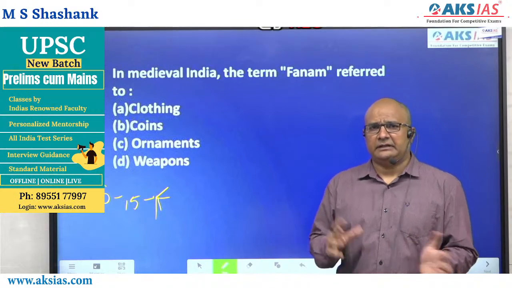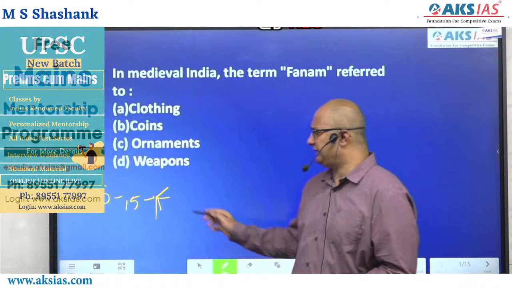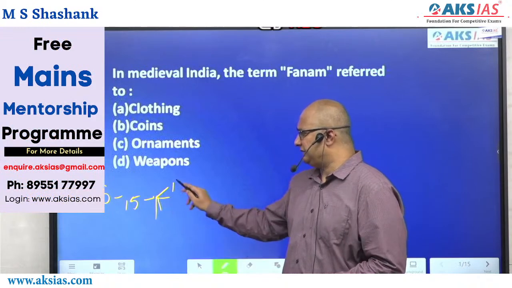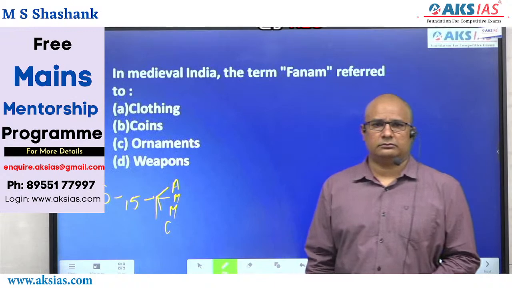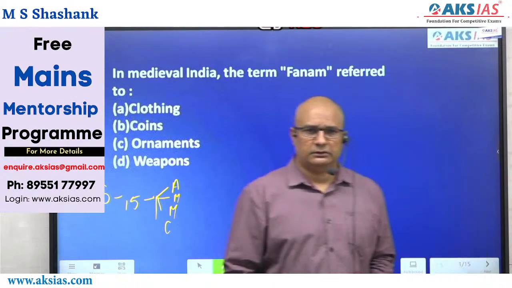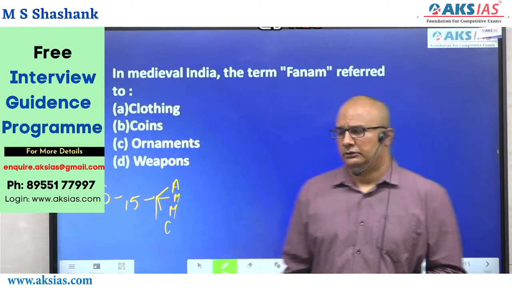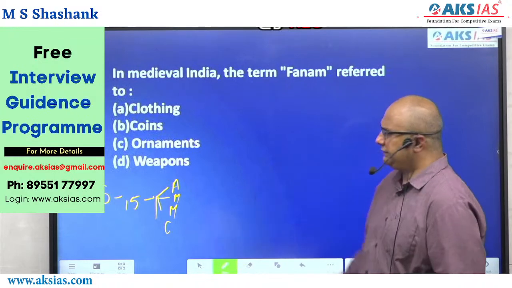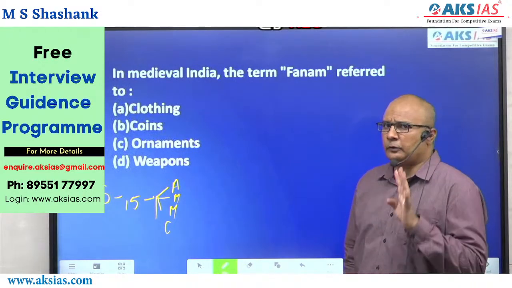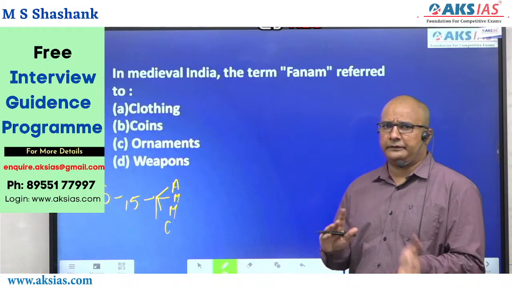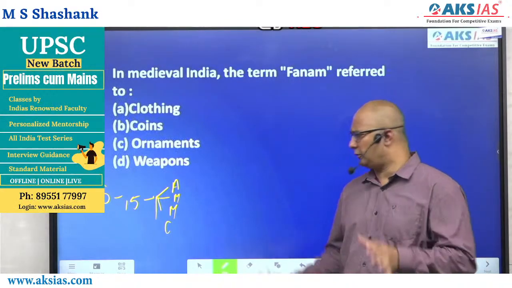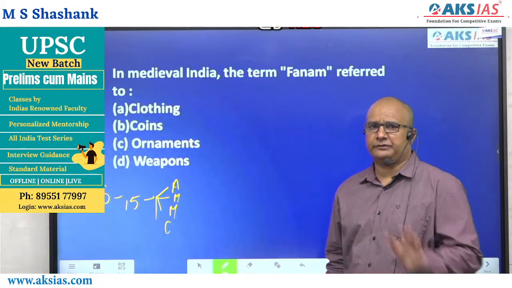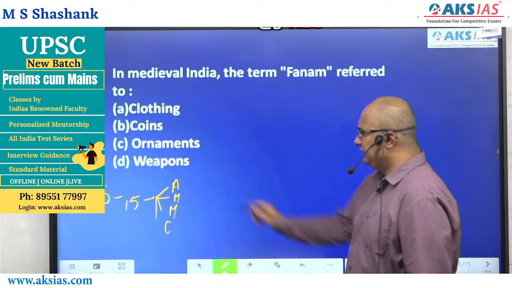Roughly, out of 16 questions, across ancient, medieval, modern and culture, we have an almost even distribution, roughly 4 from each of them.